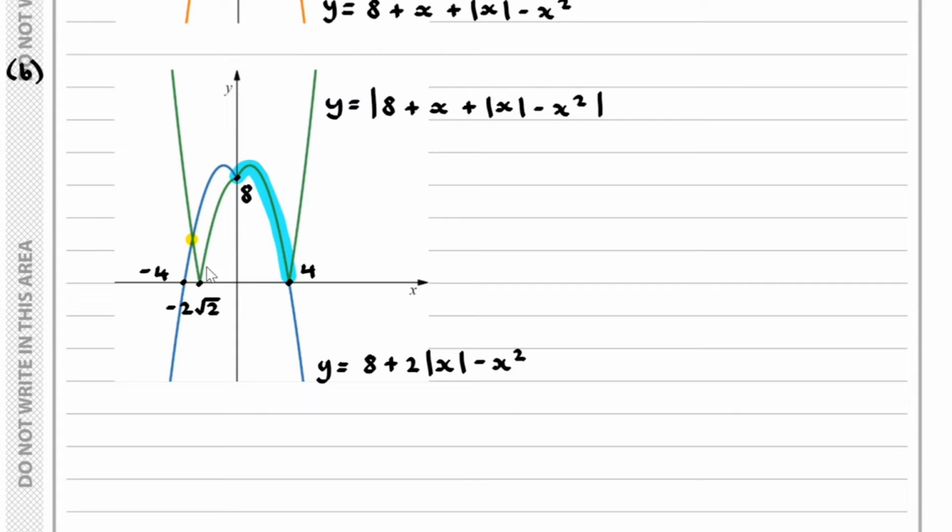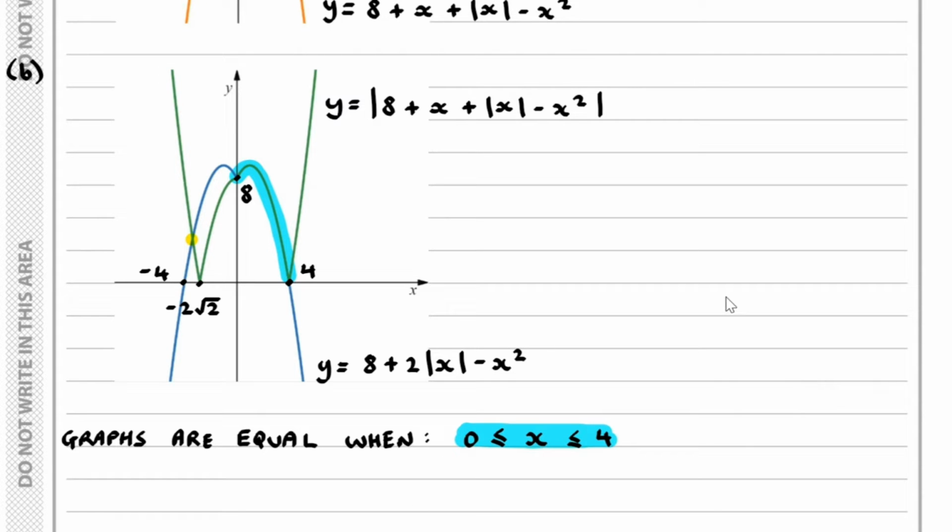So when we come to state the solution, first of all, the graphs are equal when in between 0 and 4, graphs are equal. So that's where this solution here comes from.